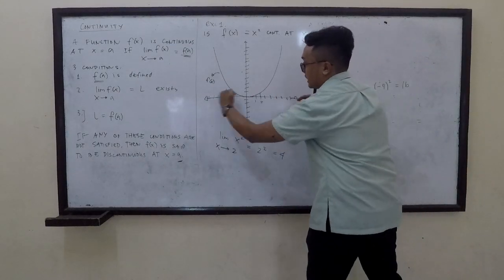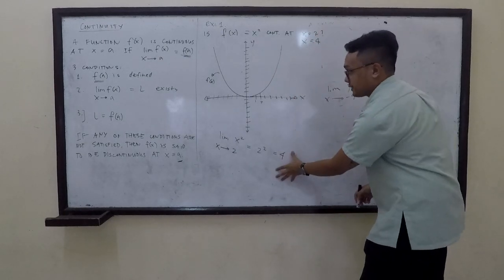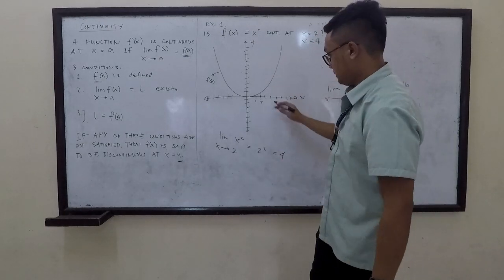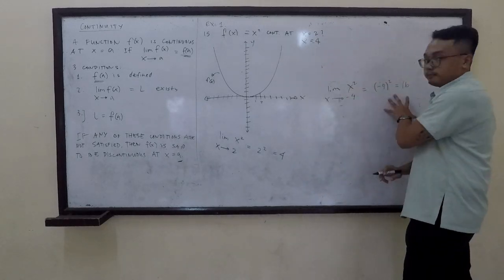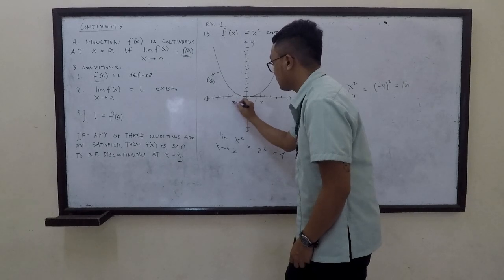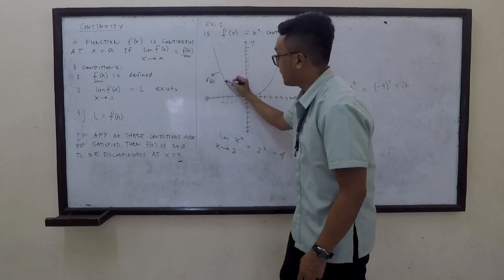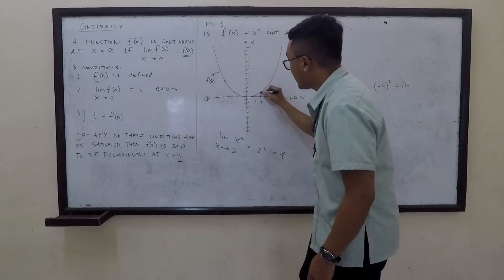So x here is this, then y is this. It is defined: negative 1, negative 2, negative 3, negative 4. So it hits the line, or it hits the function.